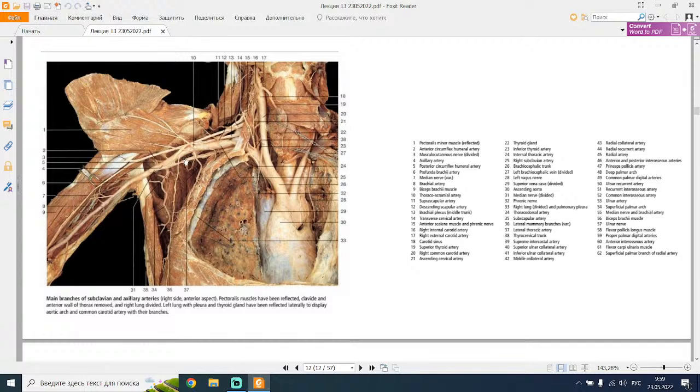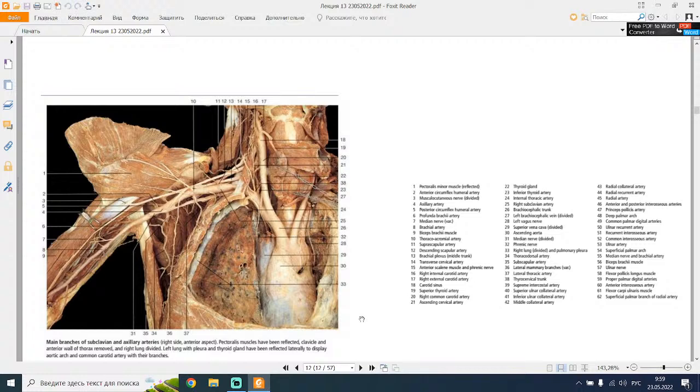Arteria thoracica lateralis. Arteria thoracoacromialis.